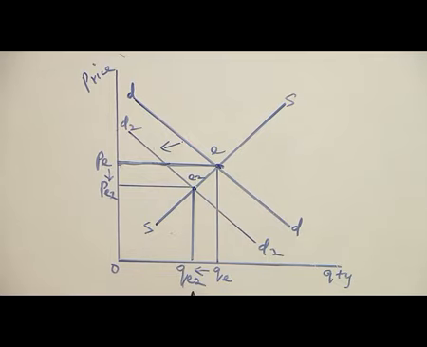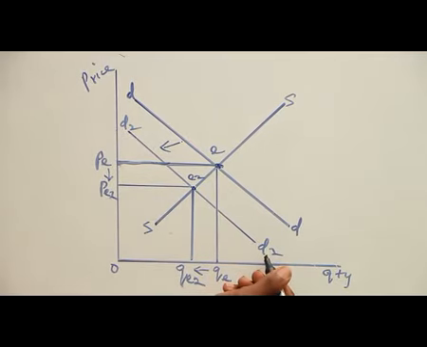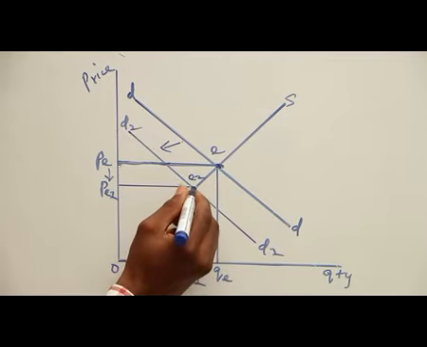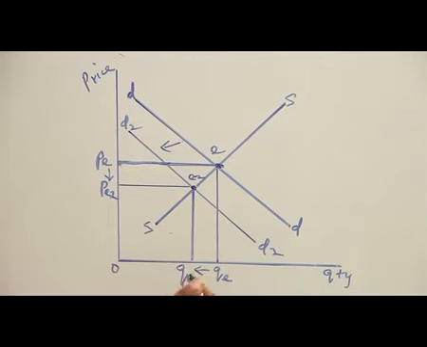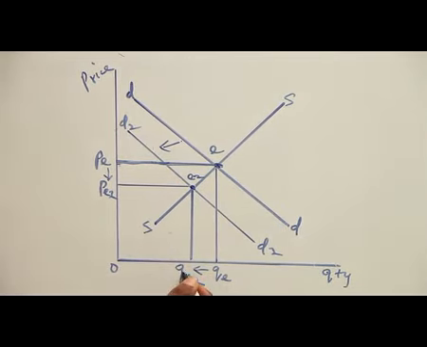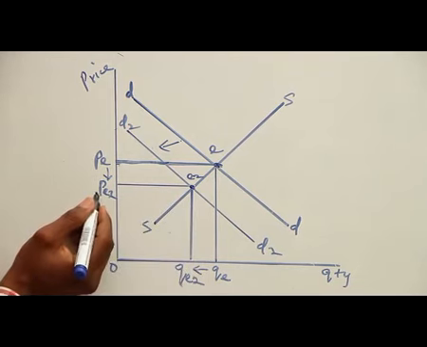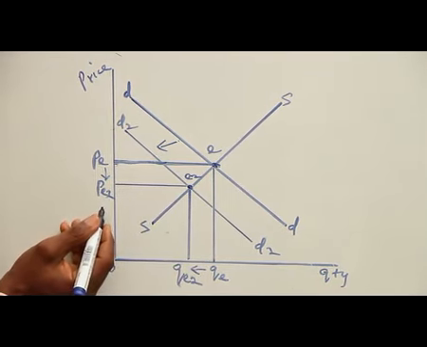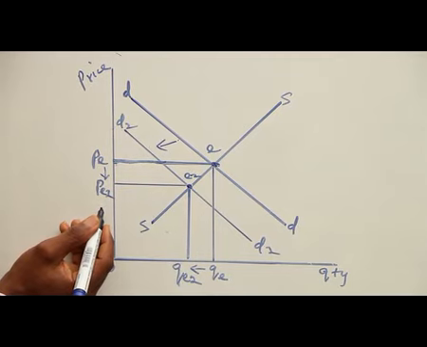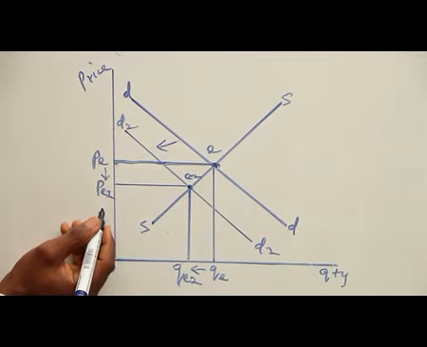Looking at the diagram very well, this is the new demand curve that we say shifted backward, D2, D2, and we have established a new equilibrium position E2 here, new equilibrium quantity QE2, and new equilibrium price PE2. Why do we have this? Because demand has affected equilibrium price and quantity negatively.